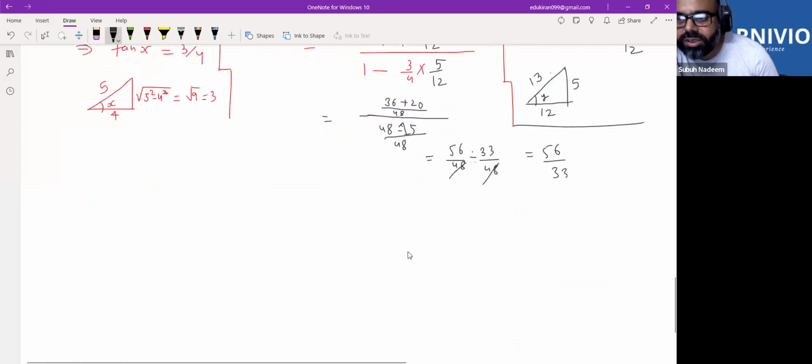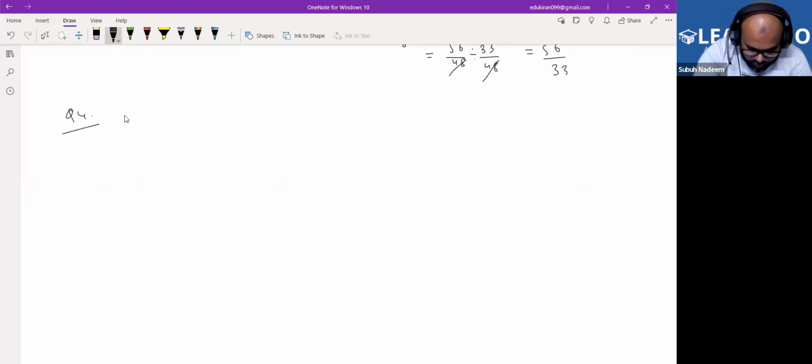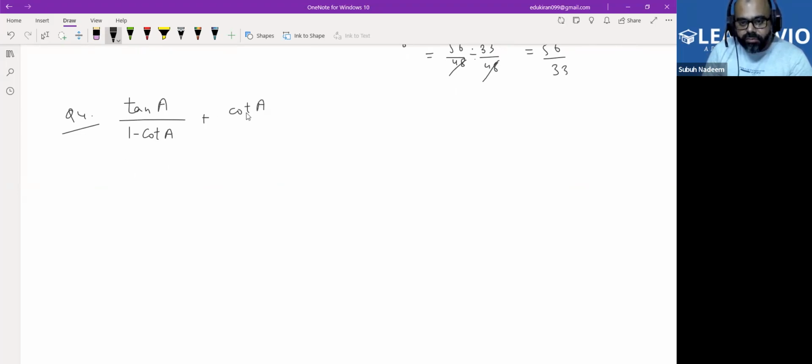Next is question number 4. The expression tan A upon 1 minus cot A plus cot A upon 1 minus tan A is equal to, options are given.